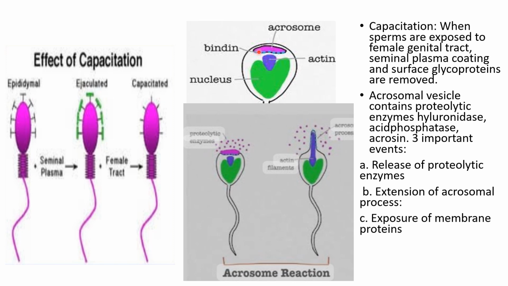The inner coat of the acrosomal cap has the binding protein, and the outer layer of the acrosomal cap has proteolytic enzymes such as hyaluronidase, acrosin, and acid phosphatase, and this sperm head is covered by plasma membrane.